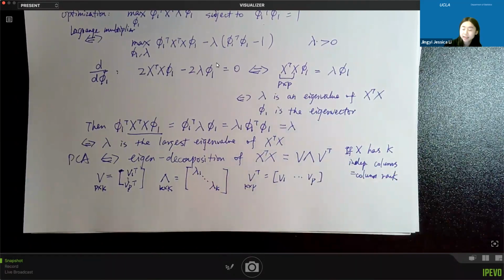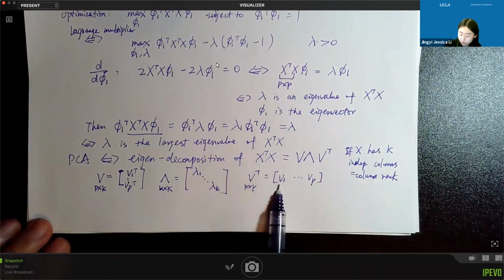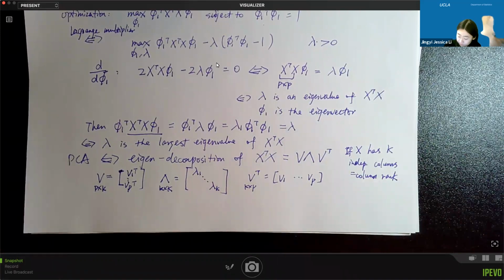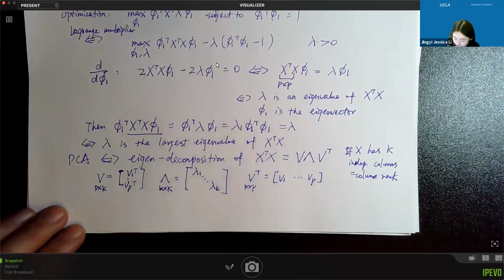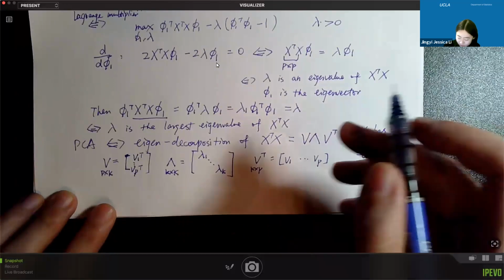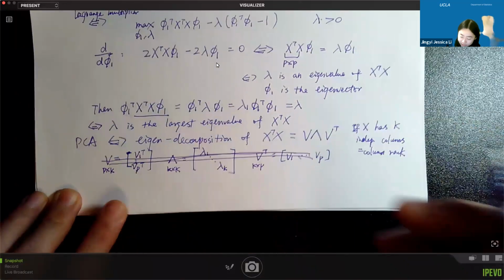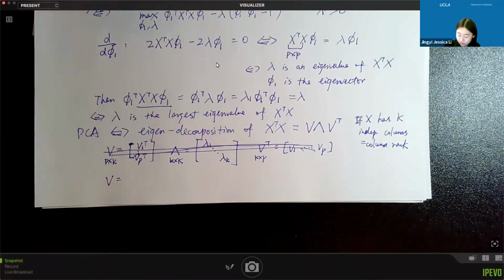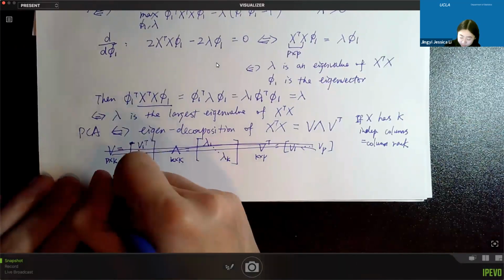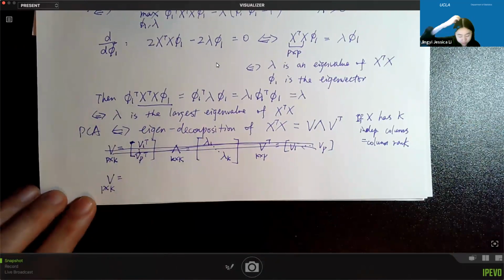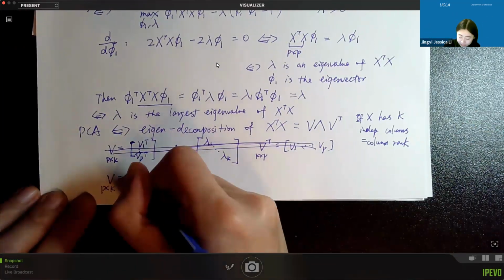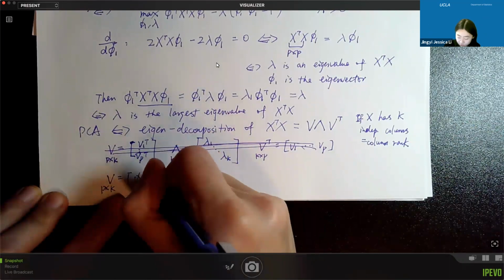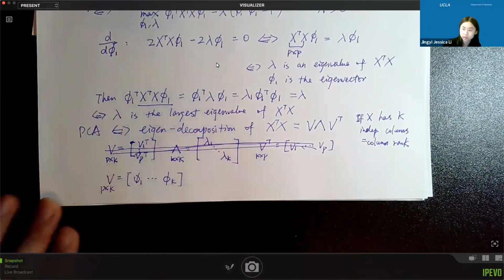This is what we call eigen decomposition. Oh my bad, no, not right. I need to write down the thing. Sorry, forgive me for this. I should write V in terms of the eigenvectors here. Yeah, that's the correct way to write it. So this V is P by K. This stays the same, but what I will write here is phi 1 to phi K, to be consistent with our notation.